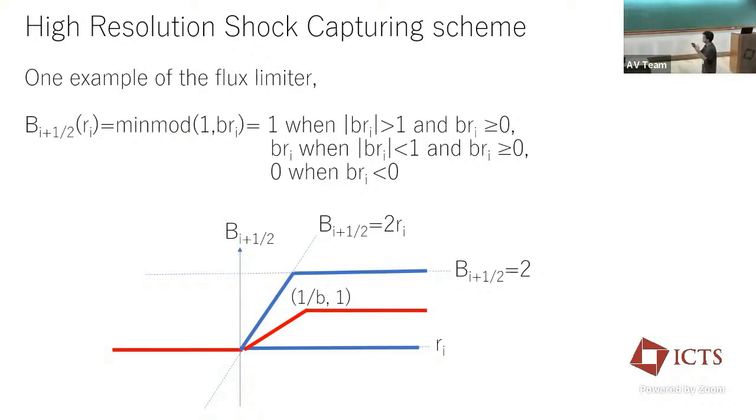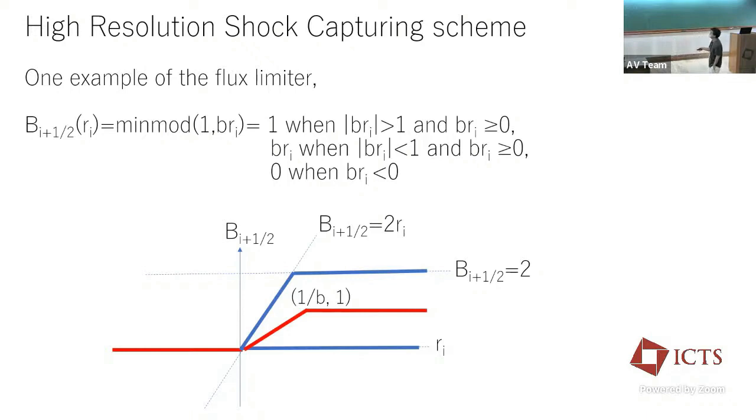So we want to make the scheme as accurate as possible by employing something like the Lax-Wendroff second order scheme, which means that b_{i+1/2} should be 1 in that case. So you have a control parameter b to control this point to here and here. And I'm going to explain which value of b should be used later on. But anyway, you have a freedom to choose b.